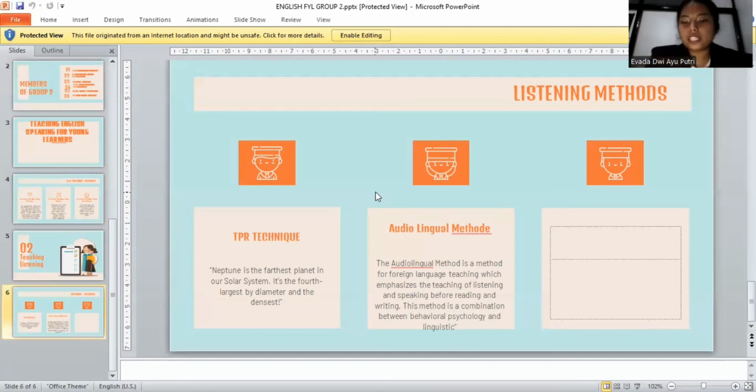The form of teaching and learning activities of this method is basically conversation and exercise drills and pattern practice. So, it can be concluded that repetition and memorization are the dominant activities in this method. So, that is the explanation of the methodology of speaking and listening teaching. That's all for me. Thank you so much.